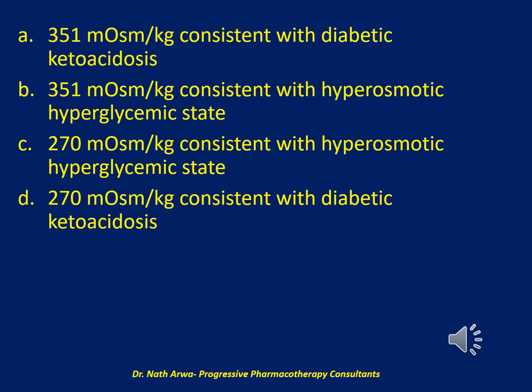Or C. 270 milliosmoles per kilogram consistent with hyperosmotic hyperglycemic state? Or is it D. 270 milliosmoles per kilogram consistent with diabetic ketoacidosis? I will give you 10 seconds to choose the correct answer to this question from the listed options.